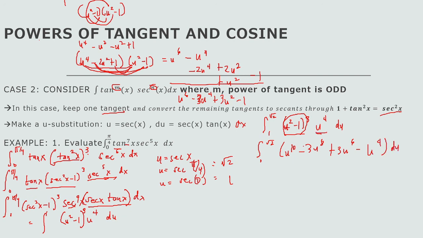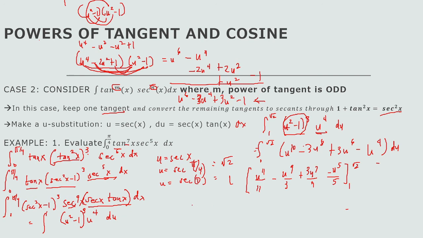So, I multiplied u to the power of 4 with this. So, therefore, from 1 to square root of 2, that's u to the power of 11 over 11 minus 3u to the power of 9 over 9, that's u to the power of 9 over 3, plus 3u to the power of 7 over 7 minus u to the power of 5 over 5, and that is from 1 to square root of 2.